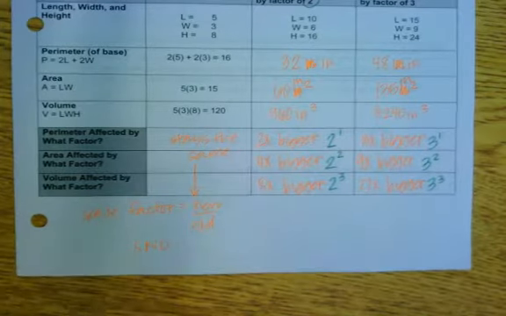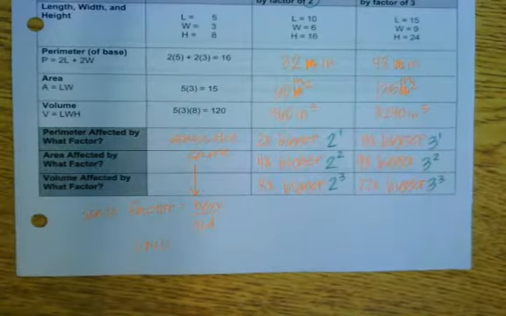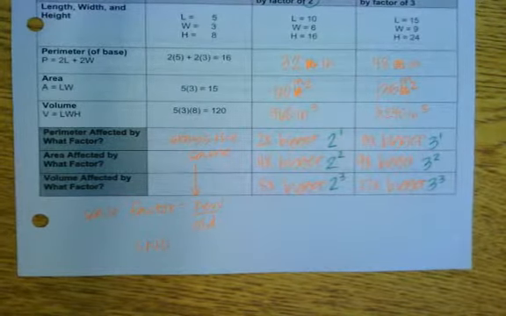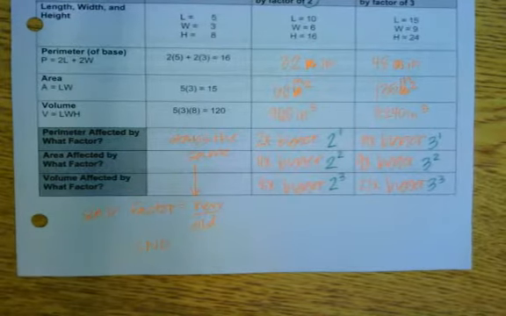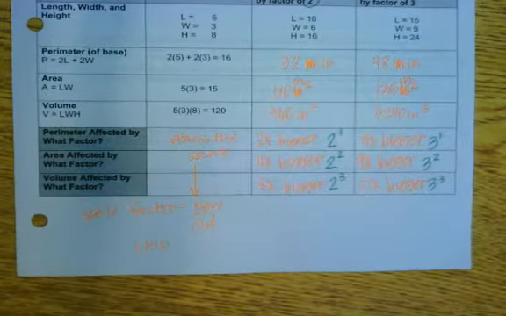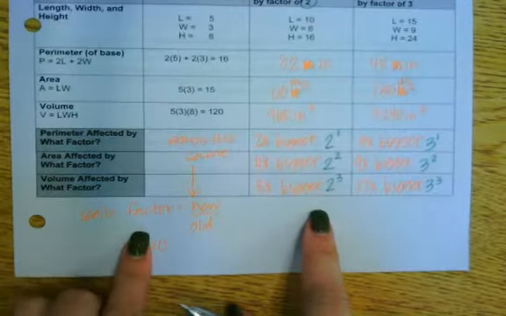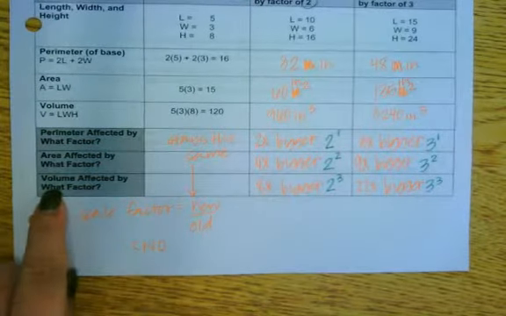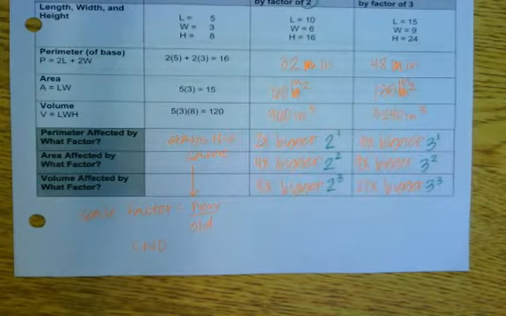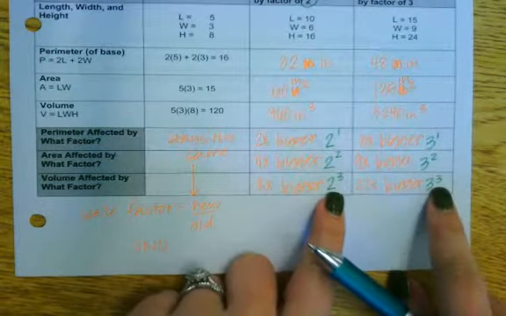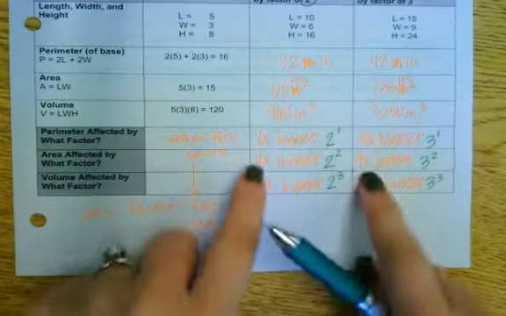When we find area for a square or rectangle, it's always inches squared or centimeters squared. So whatever exponent you use with your unit is what you use with your factor. Just like with volume, our units are centimeters cubed, inches cubed. So what do I have to do to my factor? I have to cube it. That is how we get these numbers.